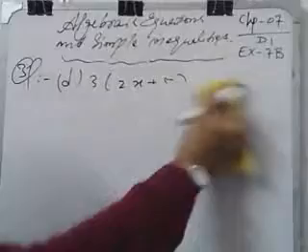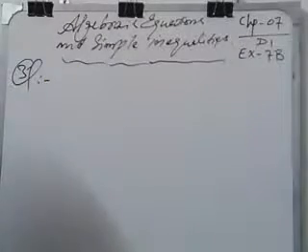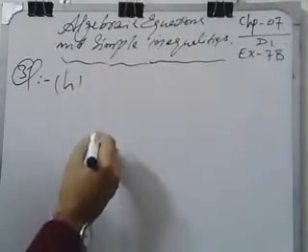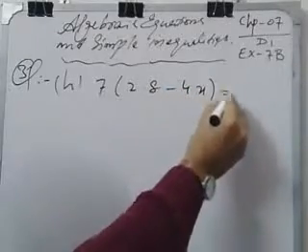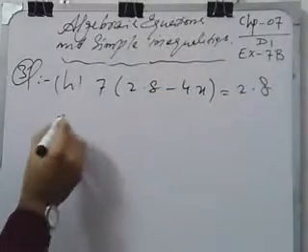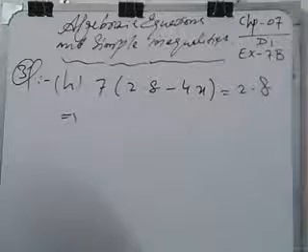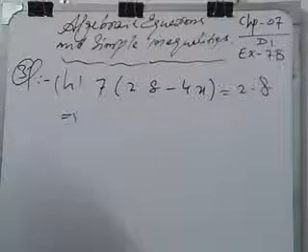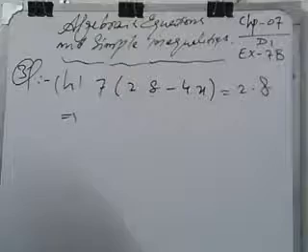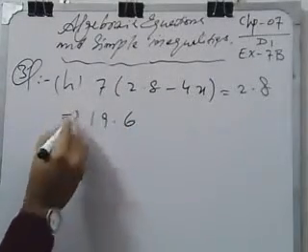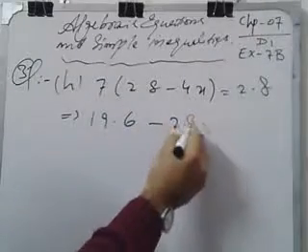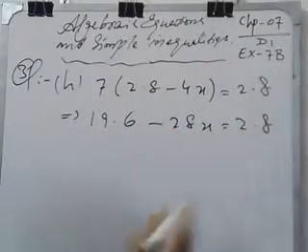So now a few questions have been given in decimal form, so we are going to solve these questions. For example, in H part you have been given 7 multiplied by 2.8 minus 4x is equal to 2.8. How to solve the decimal? So multiply it. After multiplication, 2.8 multiplied by 7, you will get 19.6 and 28x is equal to 22.8.